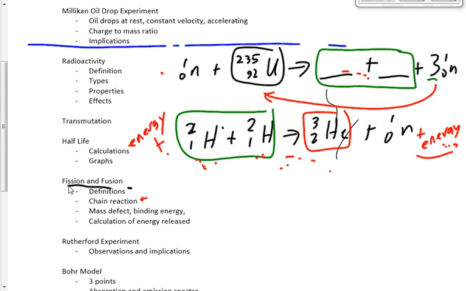We get superheated gases of plasma, basically charged gases, and the idea is maybe we can contain this by using magnetic fields, but it's still in experimental stages, and we're still a long way off from making this a practical way of generating nuclear power.